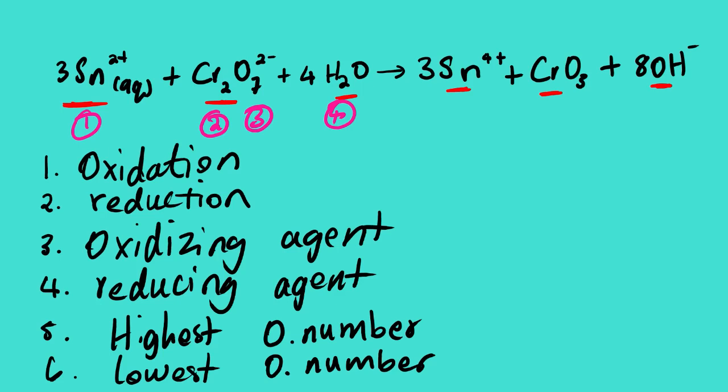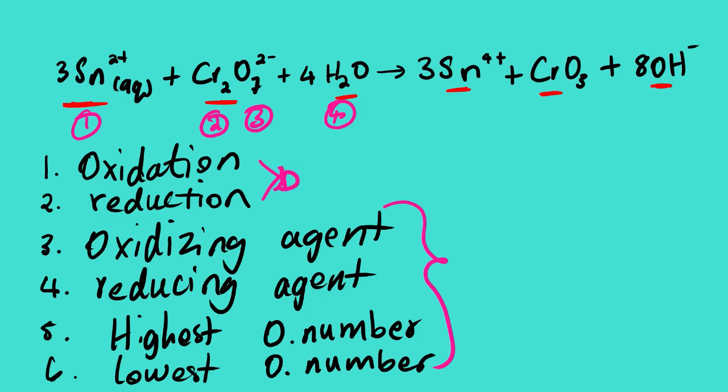So one of the 4 elements will undergo oxidation, then one of the 4 elements will undergo reduction. So the aim now is to identify or determine which elements undergo reduction and oxidation, and then the remaining questions will be based on the 2.